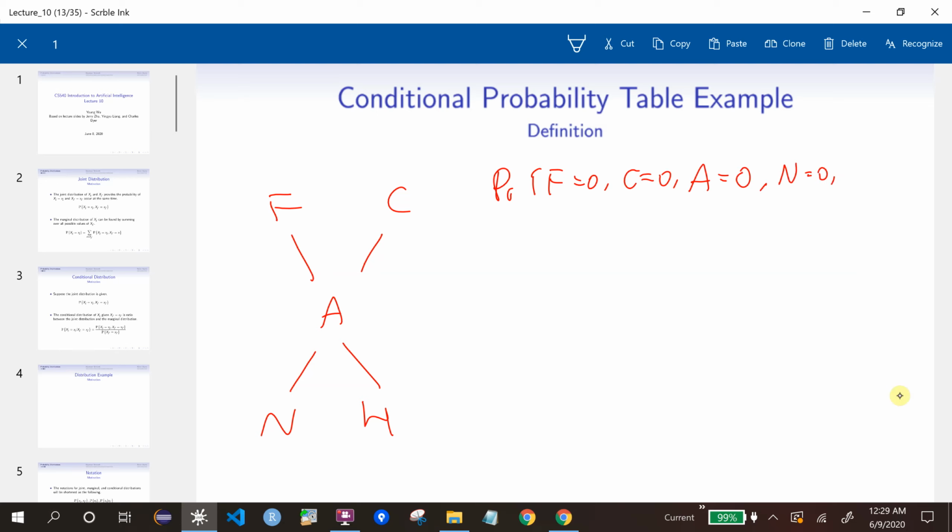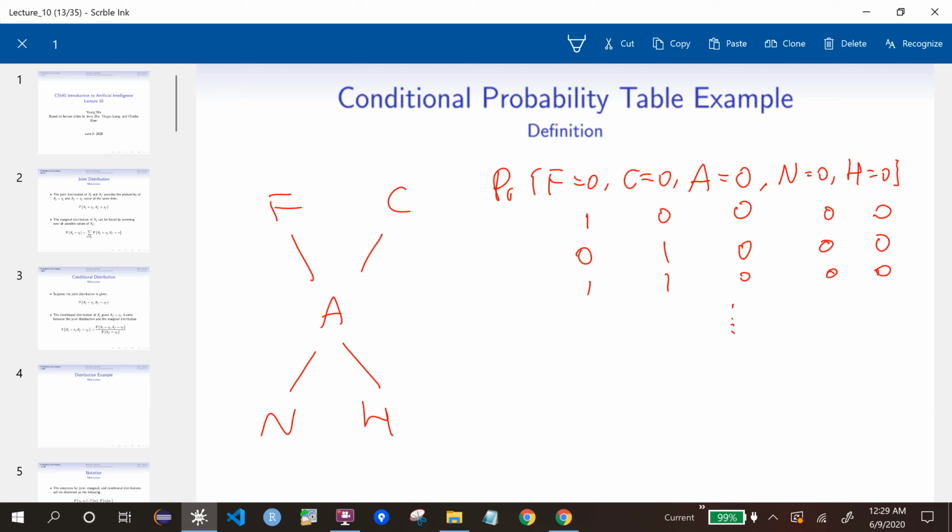Nick did not call, and Happy did not call. So that's the first one. And you can guess the next one is there's a fire, but no one is responding to any of these. And then the next one is there's a cat problem, and the alarm did not sound. And similarly, you can say both of them are happening and nothing is notifying me. That's the scariest situation.